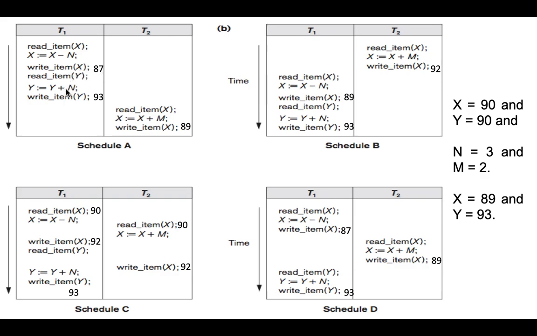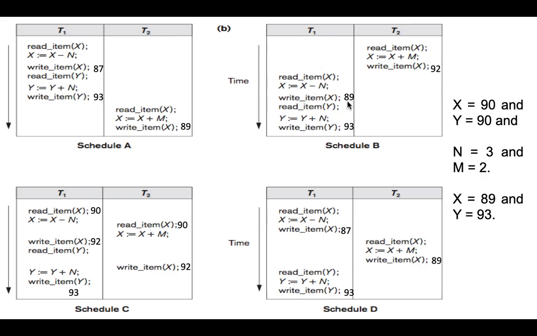Then we read y, add n, that is 3, to that, we get y as 93. Then T2 happens, we read x, so x now was 87, add m, 2, so 87 plus 2, 89. So the final value for x and y produced in this serial schedule is x as 89 and y as 93. So that is the correct result we should be getting.